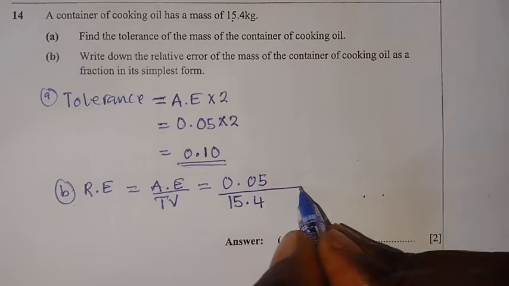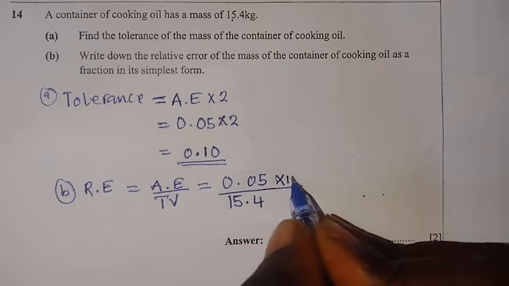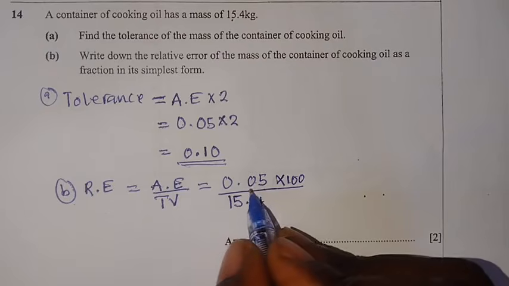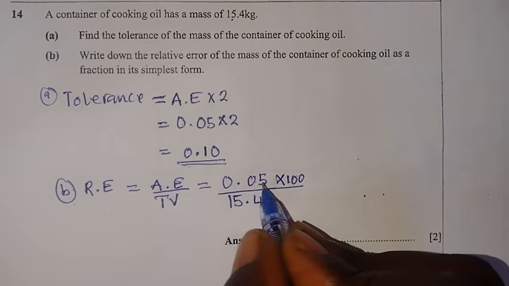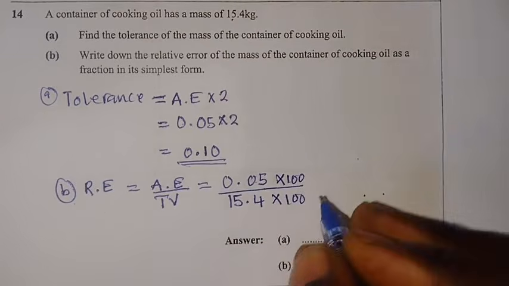Here we look at our numerator, it's a decimal number, so we can multiply this by 100 so that it becomes a whole number, because it has 2 decimal places. Even down here you multiply by 100.